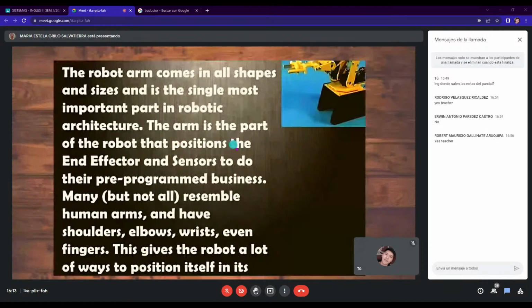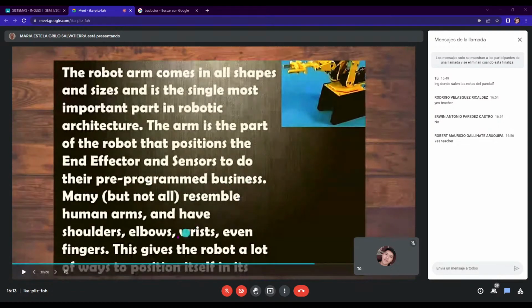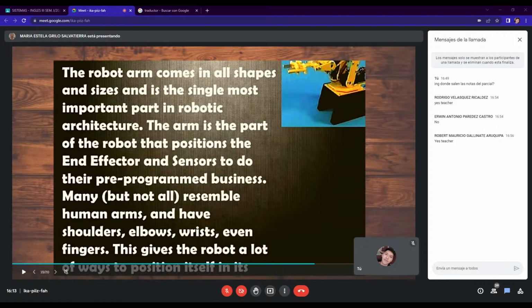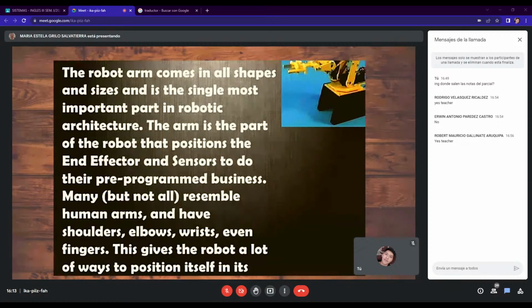The arm is a part of the robot that positions the end effector and sensors to do the pre-programmed business. Many, but not all, resemble humans' arms and have shoulders, elbows, wrists, even fingers. This gives the robot a lot of freedom to position itself.